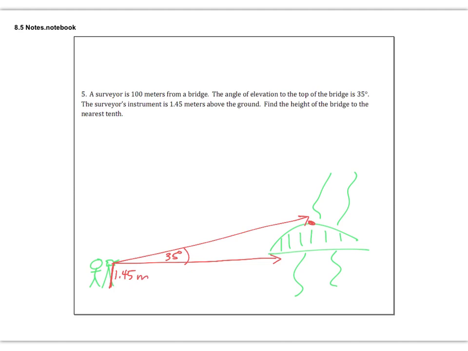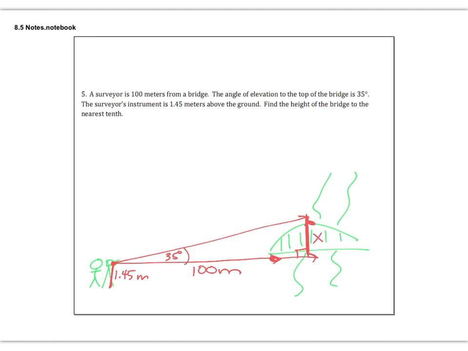And also the surveyor is 100 meters from the bridge, so this distance from here to here is 100 meters. We want to figure out the height of the bridge. So what we're going to do is find this height right here, and I'll call it x. All right, you can see your triangle there.